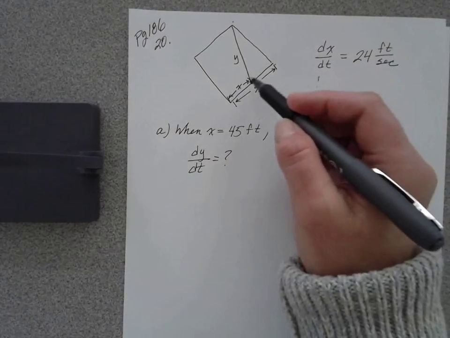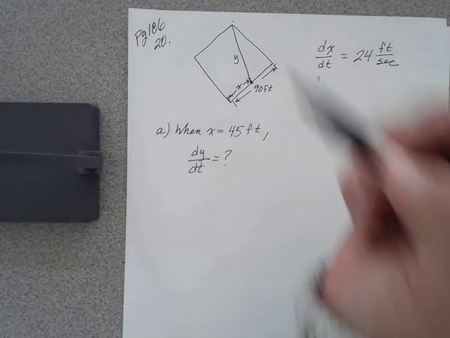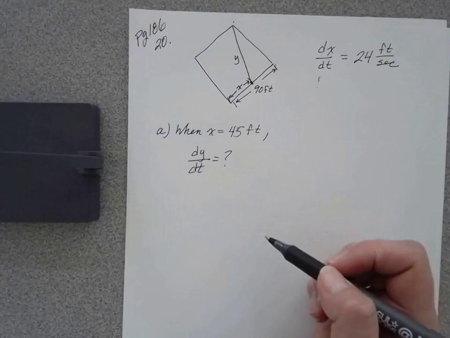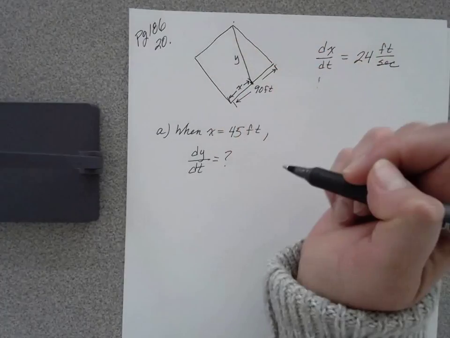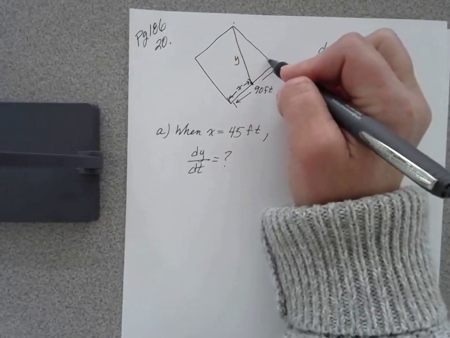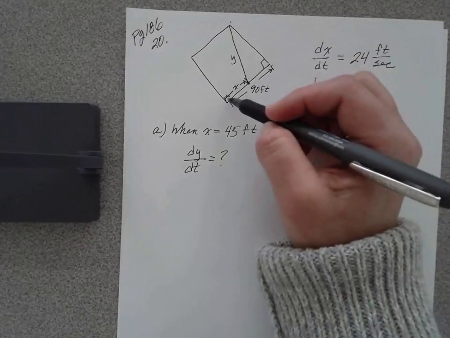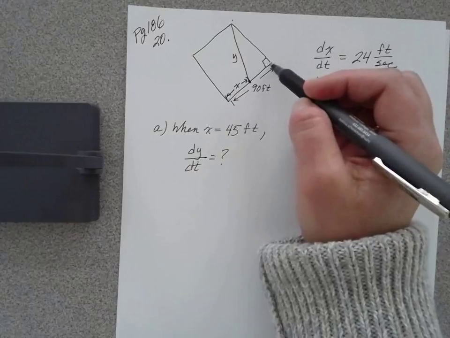So I need to find a formula that will relate x to y. So what do I know about these angles since it's a square? Right angles. Okay, so if this distance is x, what is this distance over here?